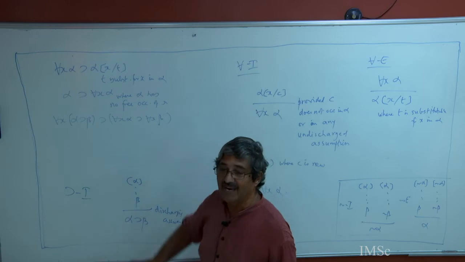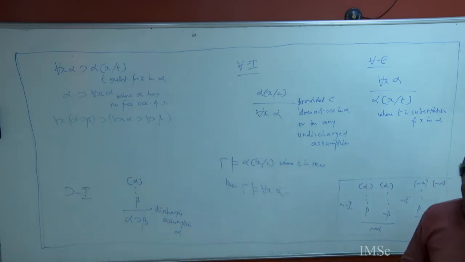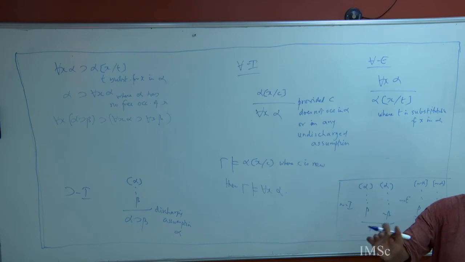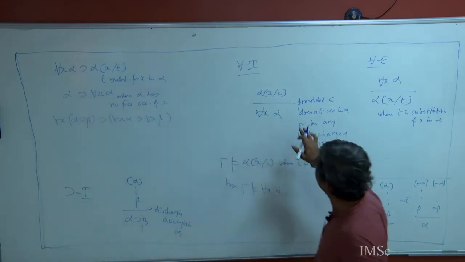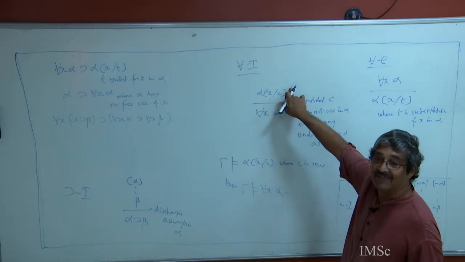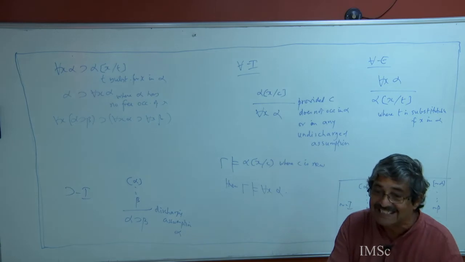You could have this as an axiom. What is the difference between axioms and rules? This is a very important thing to understand. An axiom says it's valid: take any model, and if the model makes the left hand side true, that particular model will make this true. This is all operating within a single model. When you have inference rules, you are saying if this is valid, if this is true in all models, then this is true in all models. You are not relating it in a single model.